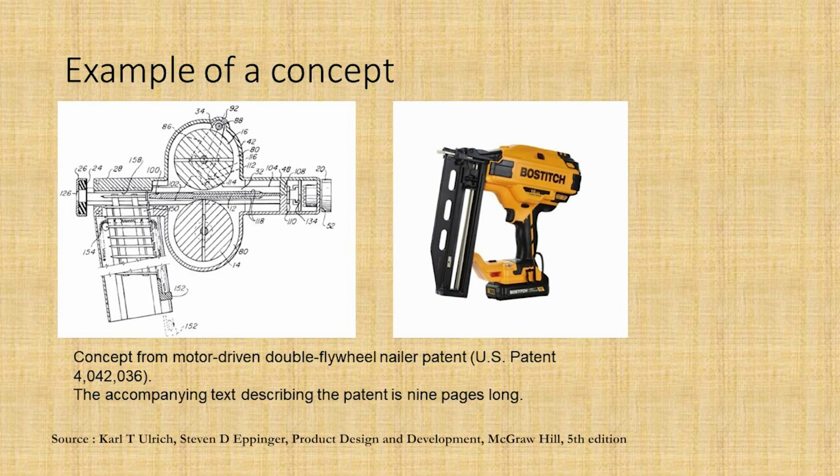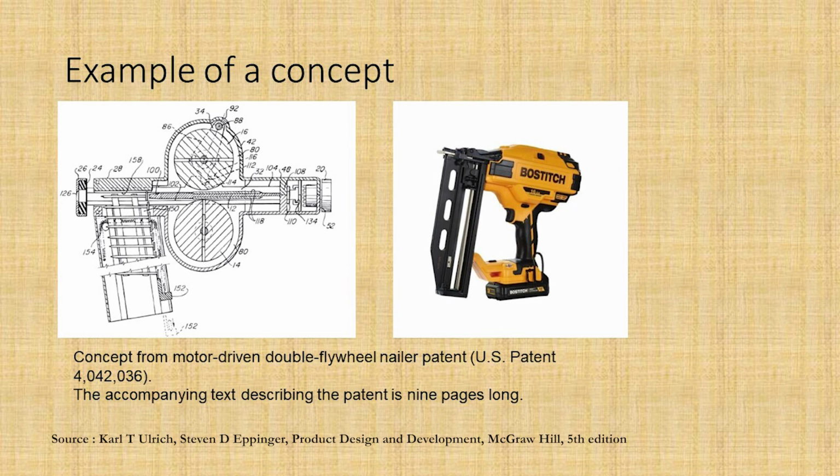Here is an example of a concept, and this is taken from a US patent. Typically patents will carry such illustrations. This is the concept from a motor driven double flywheel nailer patent. This is a nailer, which means it places nails in objects.